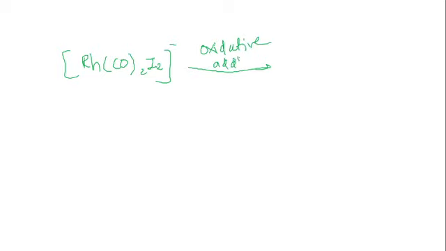We already learned oxidative addition. What is oxidative addition? Here the oxidation state of the metal is increased by 2. In this case carbonyl is neutral, and iodine has a -1 charge, and this complex has a -1 charge. There are 2 iodines, that means a -2 charge, and that's why this rhodium has a +1 oxidation state.